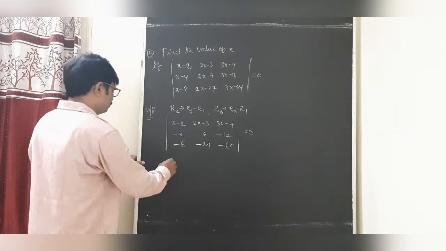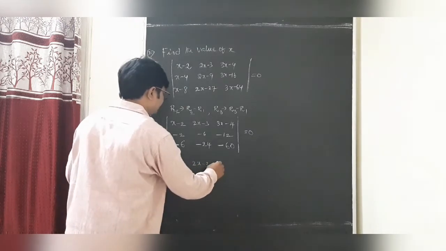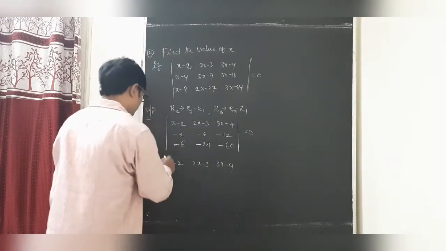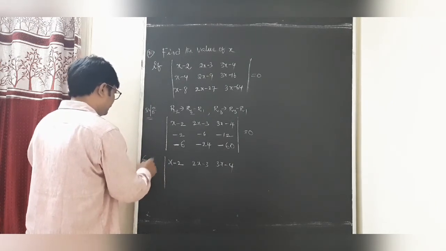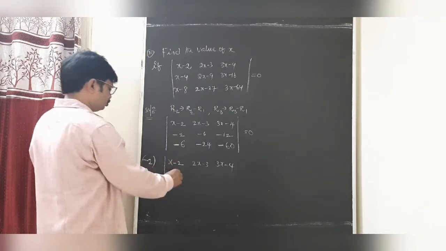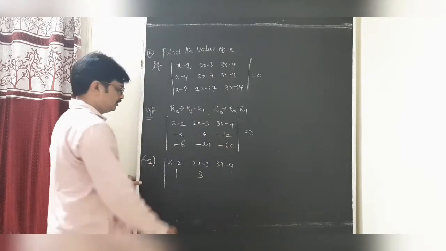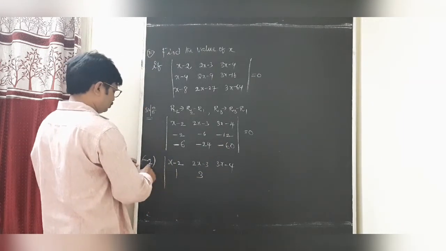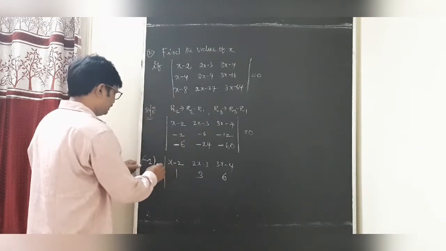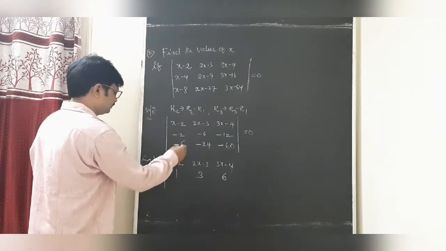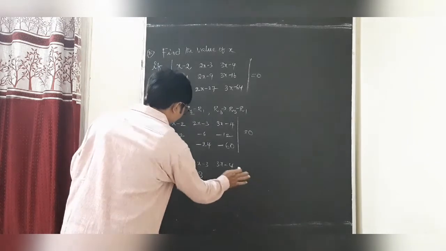Okay students? Now the first row is x minus 2, 2x minus 3, 3x minus 4. The second row has minus 2 common, therefore the entries are 1, 3, 6. Then in the third row, the common factor is minus 6, so the entries are 1, 4, 10.